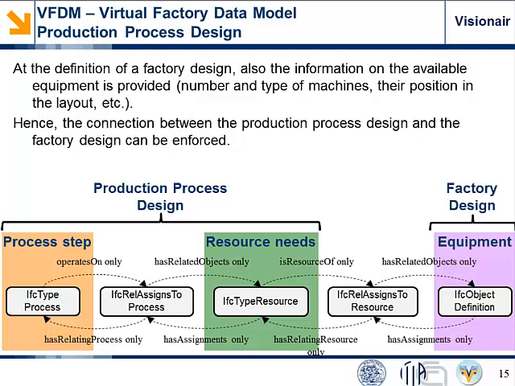capability. So if we want to have a generic representation of the design of a manufacturing system, we can consider those classes related to the production process design, while the definition of the object is related to the specific factory design.